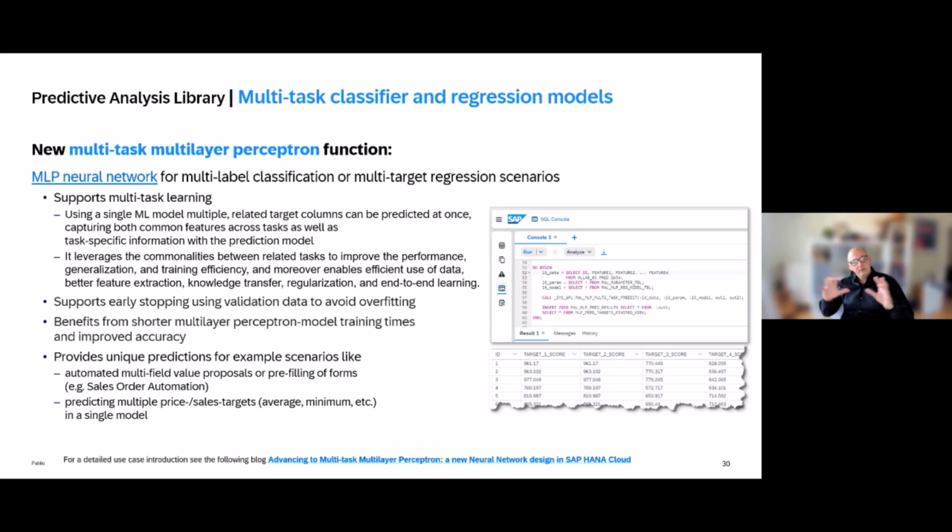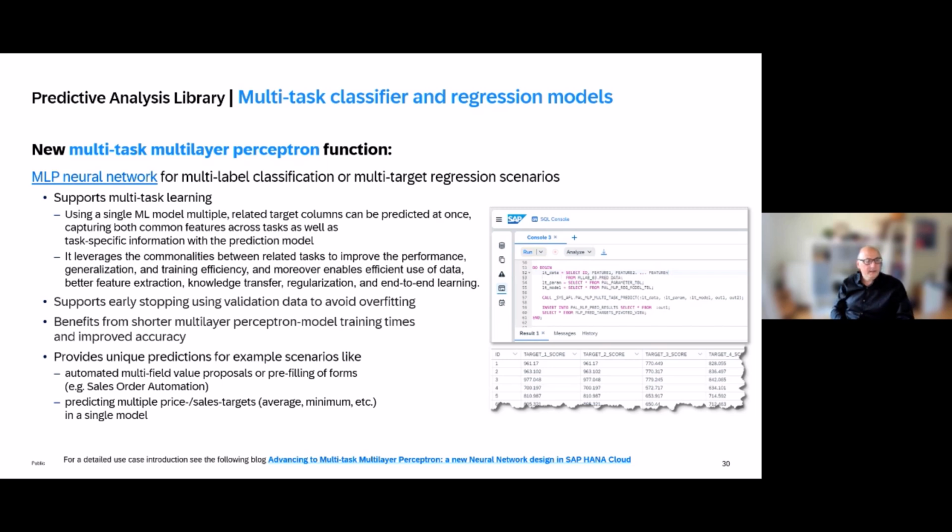And this spans to a broader scenario if there's not a single field where you want to benefit from a proposed value, but multiple fields, so multiple categorical fields. That would be an algorithm using the MLP multitask function for multi-label classification, where you want to train a single model predicting target values for multiple of those entry fields in a form of a business application.